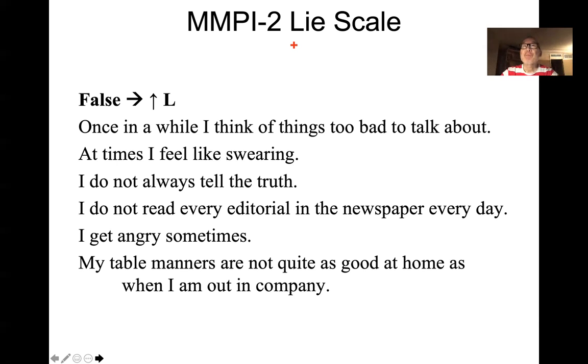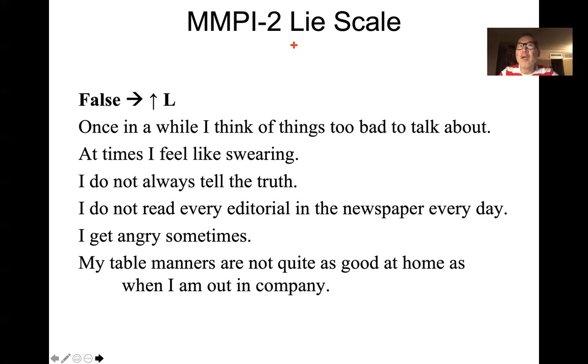Okay. Now, as we're going through these items, some of you may have felt that, hey, I would have said false on that particular item. Don't worry. It doesn't mean that the MMPI would have labeled you as a liar. There are about 30 or 40 items that go to the lie scale, so you've got to endorse a number of these items. For some of the lie scale items, you need to endorse true to increase the lie scale.